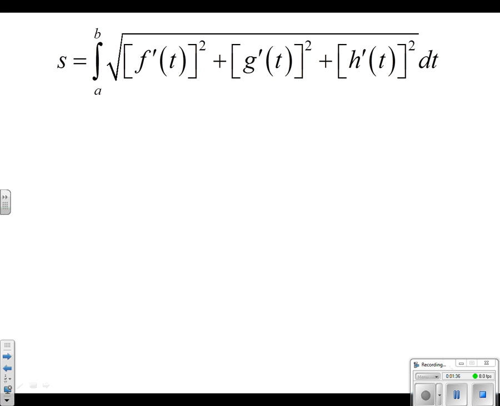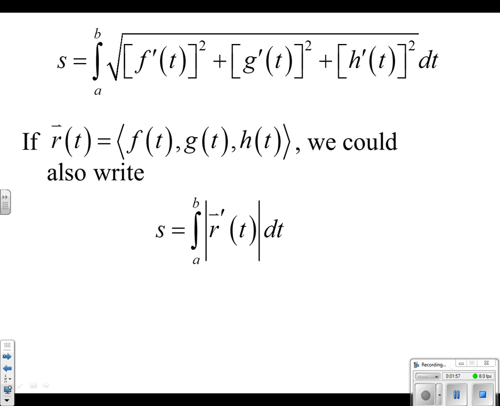And then, of course, if we're in 3 dimensions, now we've got a third parameter or a third component to our vector, and so on. Now, because we're thinking of this as a vector, it is interesting to observe that that square root that we're integrating is basically just the magnitude of a vector. Specifically, it's the magnitude of vector r prime.